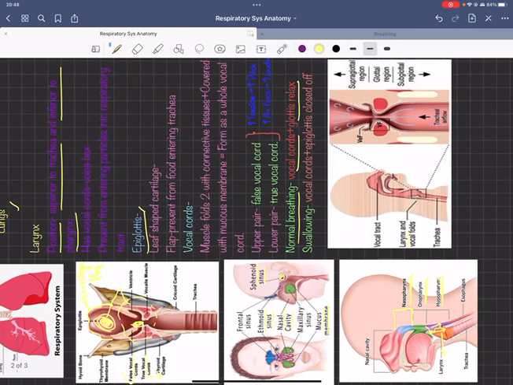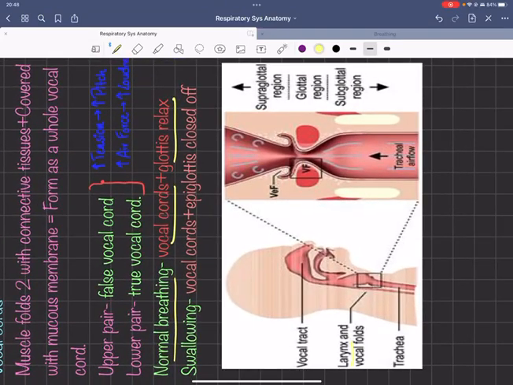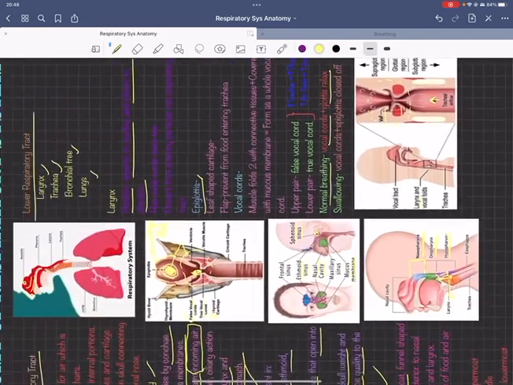So in this way, further we can see in this picture as well, here the air is flowing, the tracheal airflow is occurring, and here are the two vocal cords, the voice box structure. And in this way, whenever they open and close, the sound is produced and we are able to speak properly.